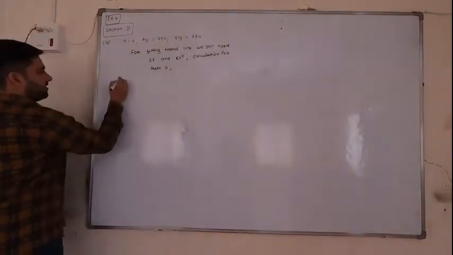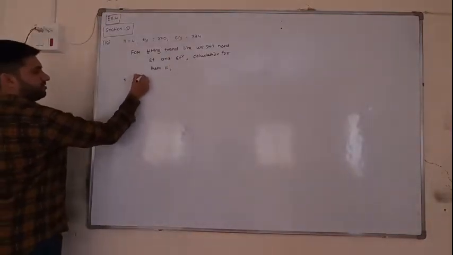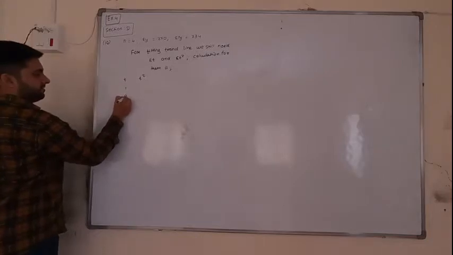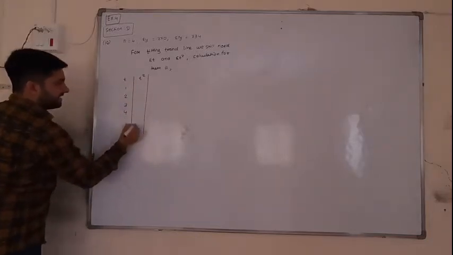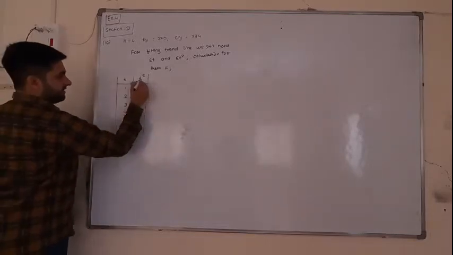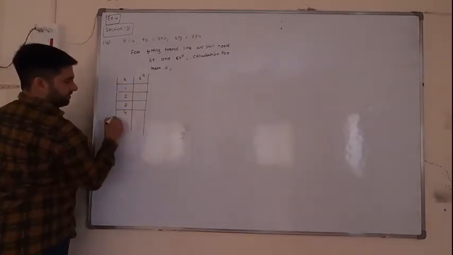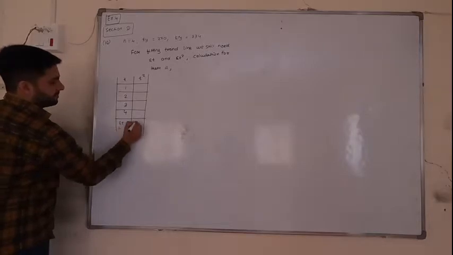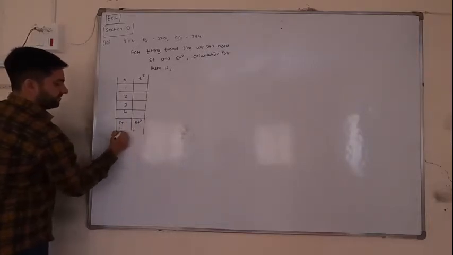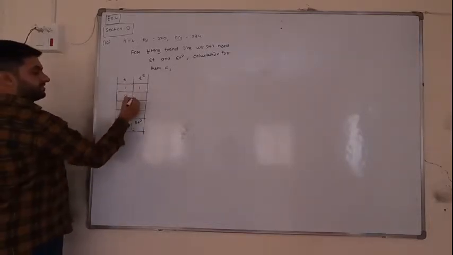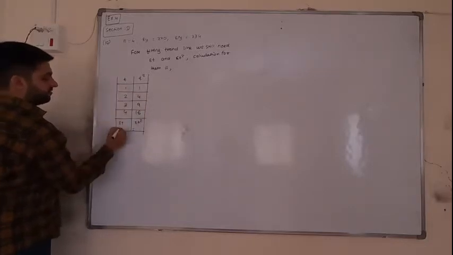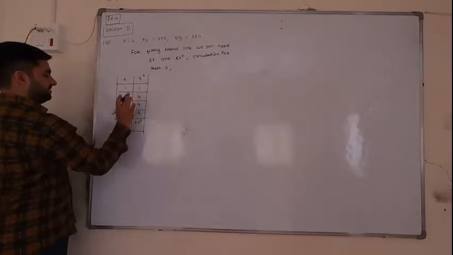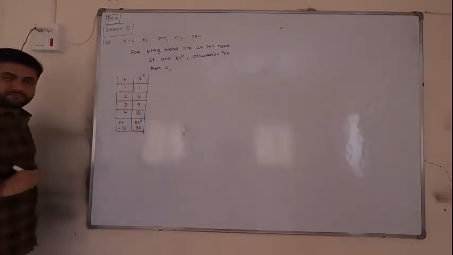Okay, column of t, 1 2 3 4. Why have I taken 1 2 3 4? Because n is 4, so I have taken like this. Sigma t square: 1 square is 1, 2 square is 4, 3 square is 9, 4 square is 16. Total of this is 10, total of this is 30.